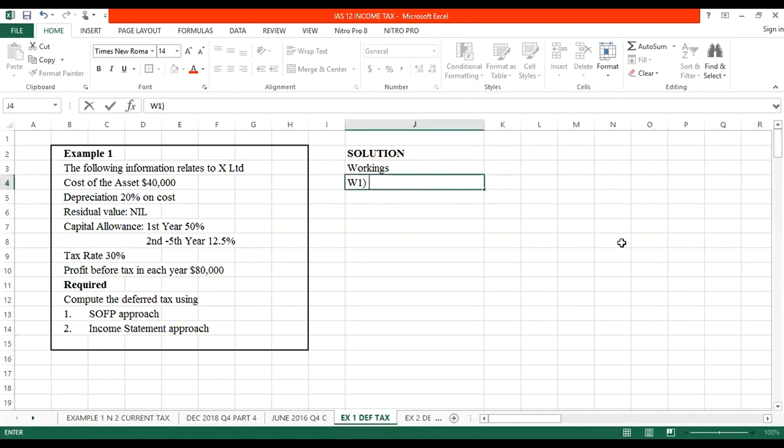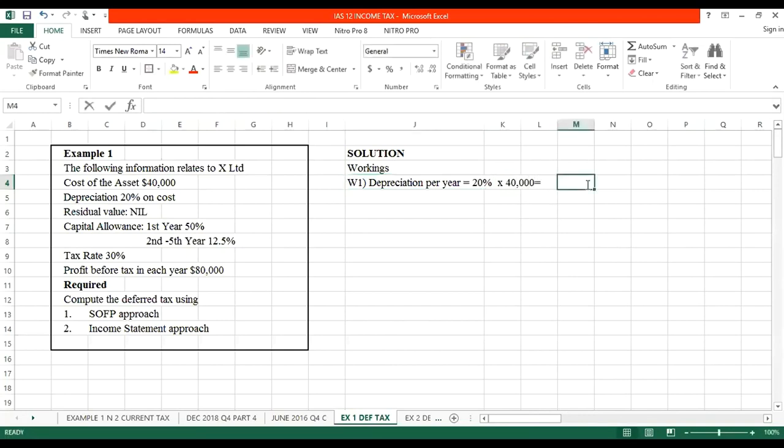In our working one, I'll look at depreciation per year. So what is our depreciation per year? It is equal to the depreciation rate of 20%, of course, times the cost of the asset. The cost of the asset is 40,000. You can see that, 40,000.